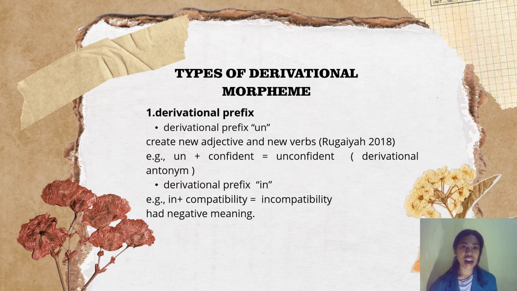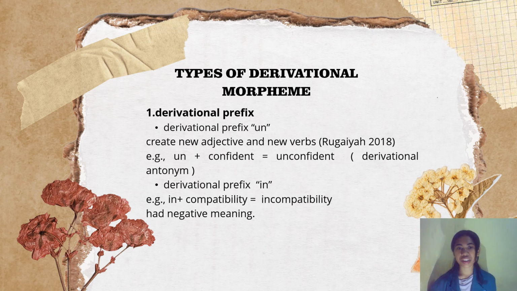Derivational prefix un can create new adjectives and new verbs according to Gaya 2018. For example, un plus confident becomes unconfident. The prefix un can change the meaning of the base word confident, becoming the antonym or the contrasting meaning of the base word confident.